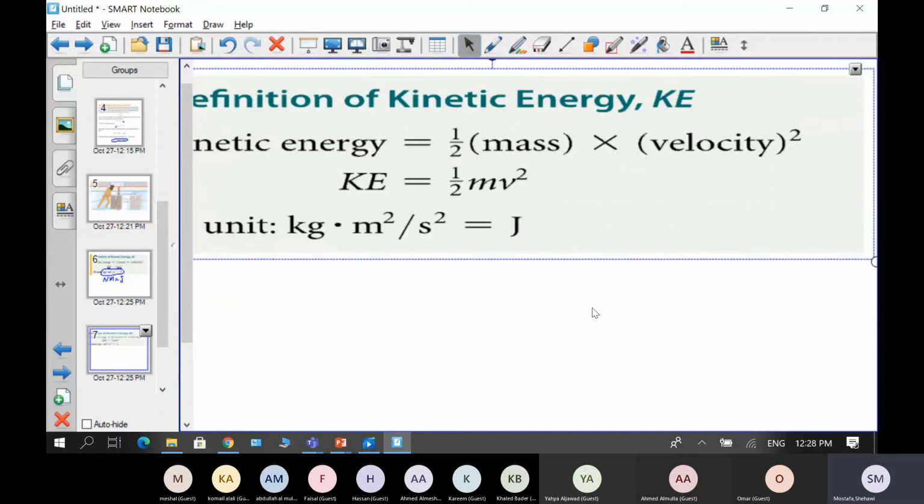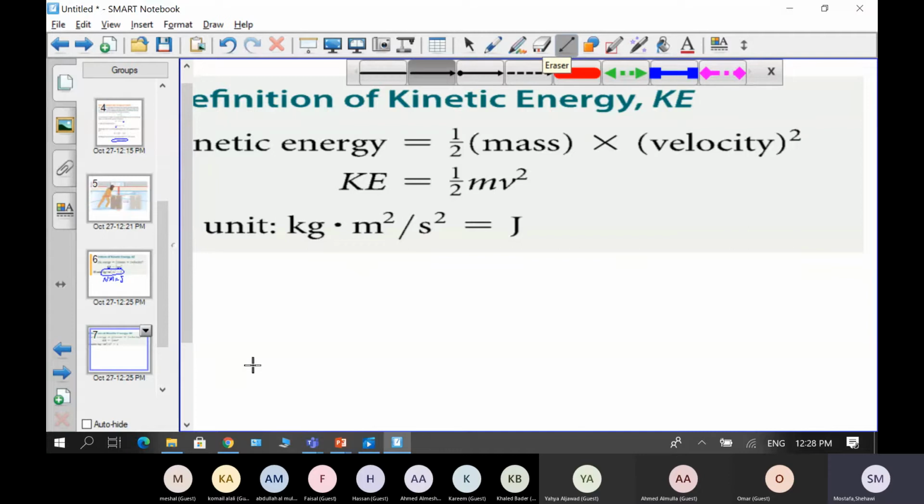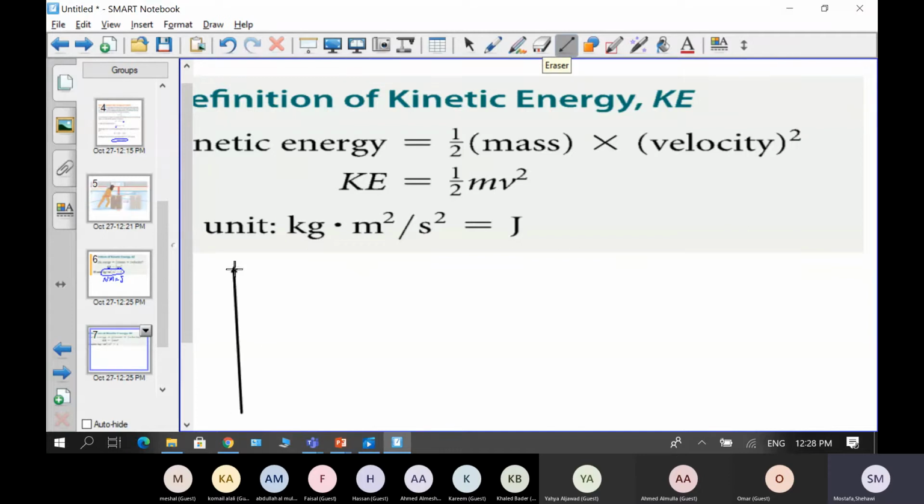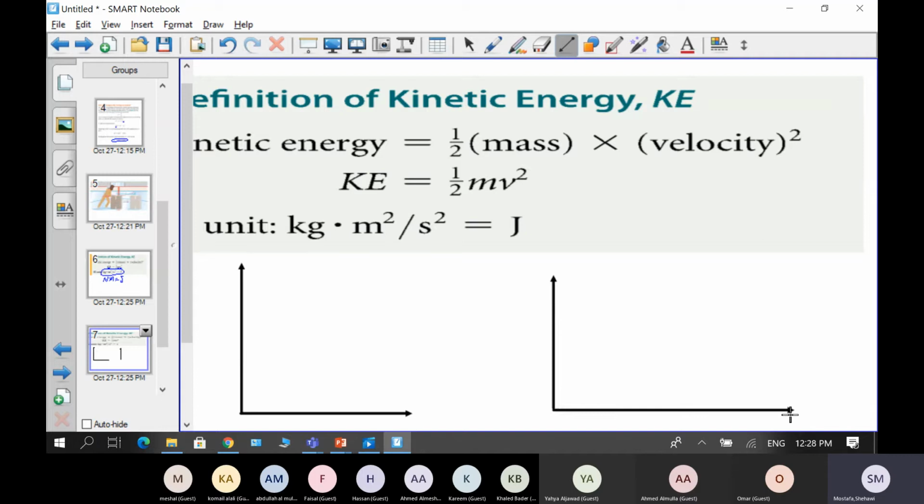Okay. So I will draw here two axes, a vertical one and a horizontal one.